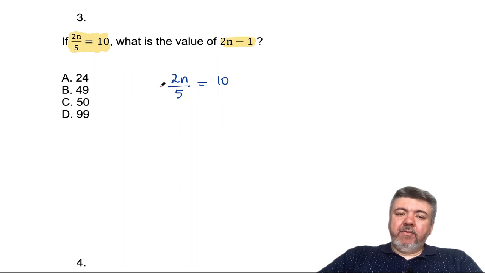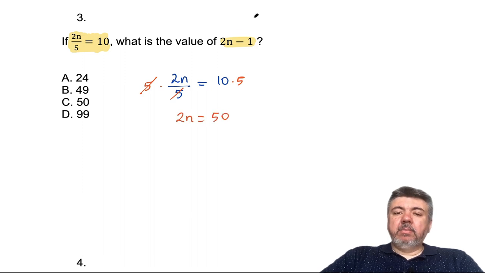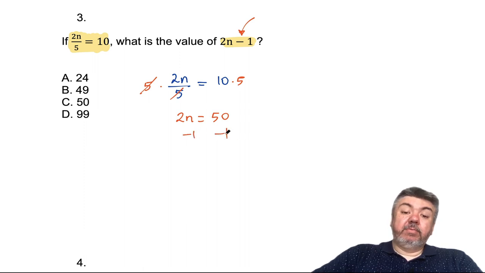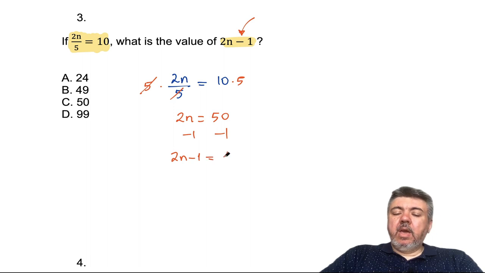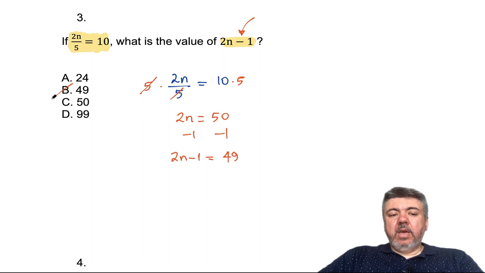Multiply both sides by 5. And the 5's cancel, 2n here, and it's going to be 50 here. I'm supposed to find 2n minus 1, so subtract 1 from both sides. It's going to be 2n minus 1 here, and 50 minus 1 is 49. So the answer, 2n minus 1 equals 49.